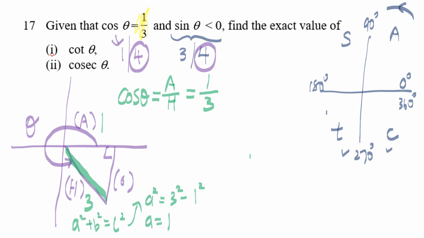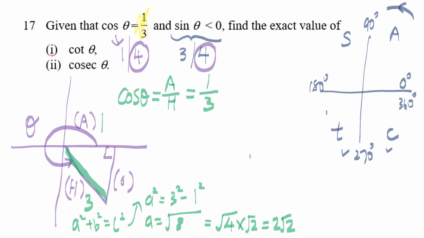So a will be square root 8. We can actually simplify it first, because after all you need to rationalize it later. Applying the surds that I've taught earlier, it is square root 4 times square root 2. Square root 4 is 2, so square root 8 can be simplified into 2 square root 2.